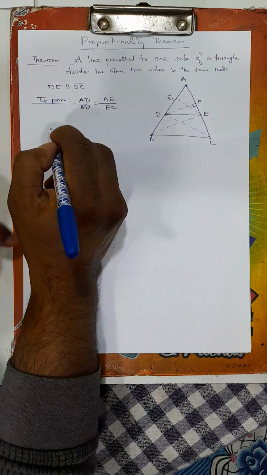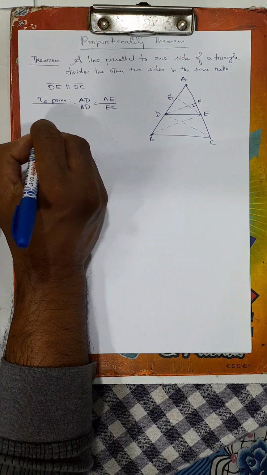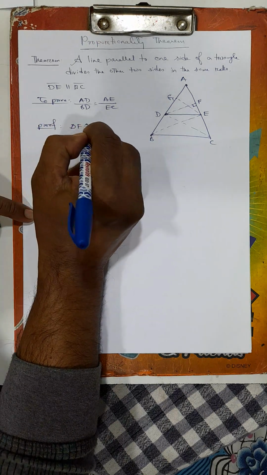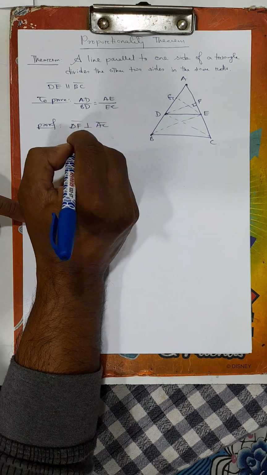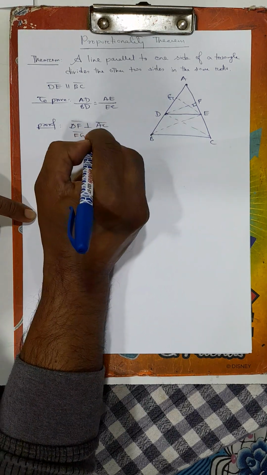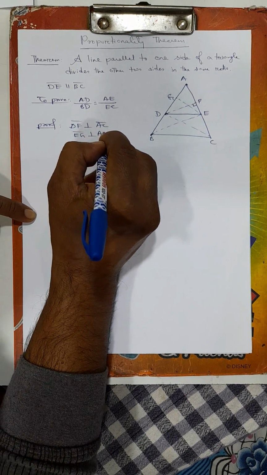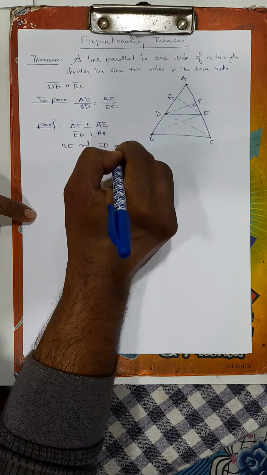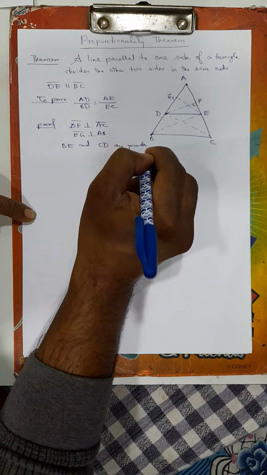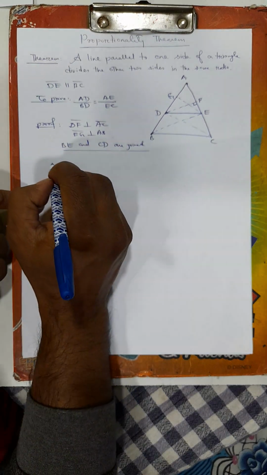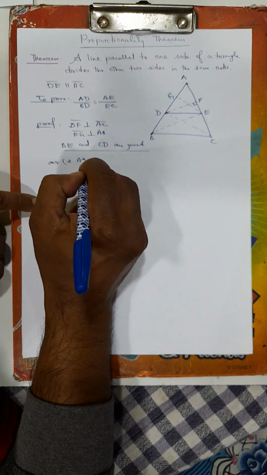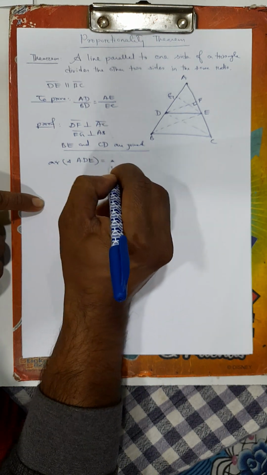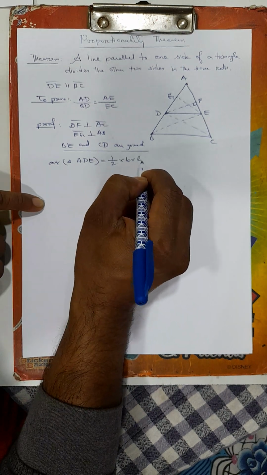Right? So to prove this, we draw perpendicular DF perpendicular on AC. EG, this is perpendicular on AB. Then BE and CD are joined. We have joined this. Now you see area of triangle ADE, half of base into height.